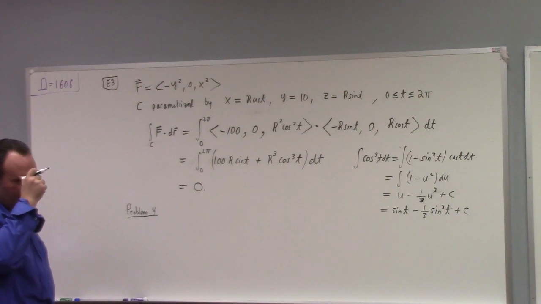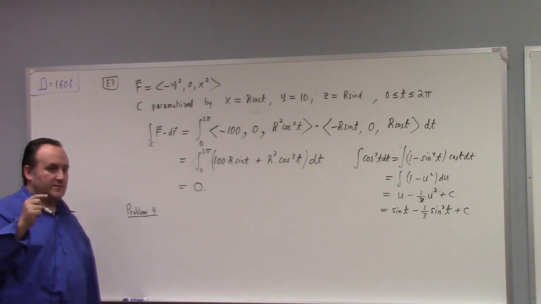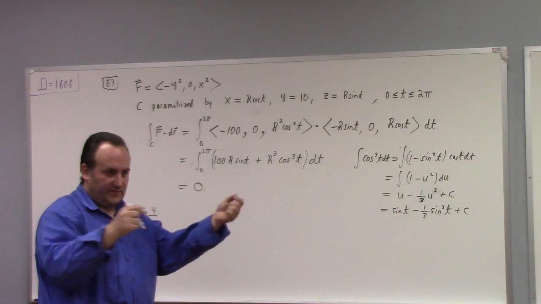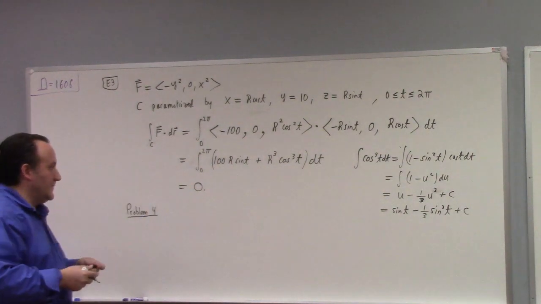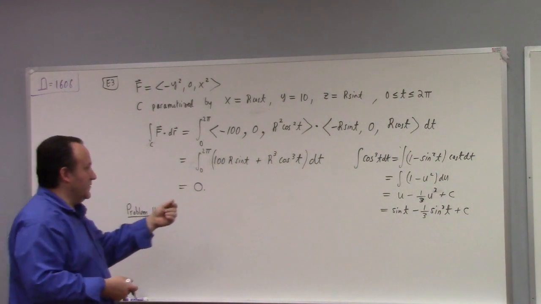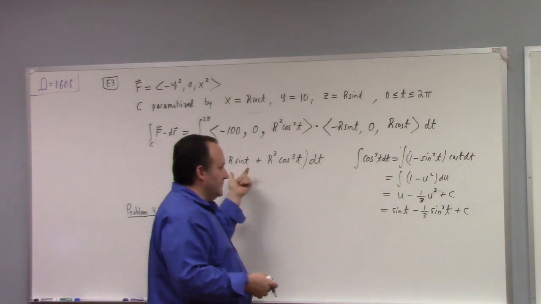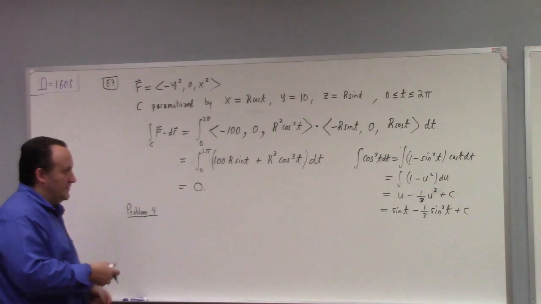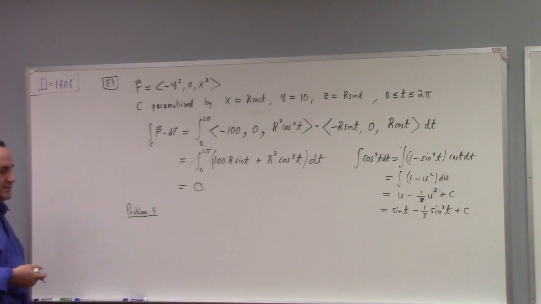And for the cosine, you've got cosine of 2 pi minus cosine of 0, which is 1 minus 1. So they both integrate to 0, because the integral ends up with just sines or cosines, which over a full cycle is 0.